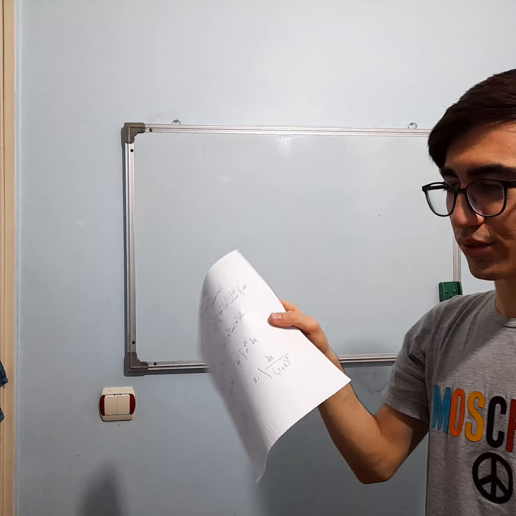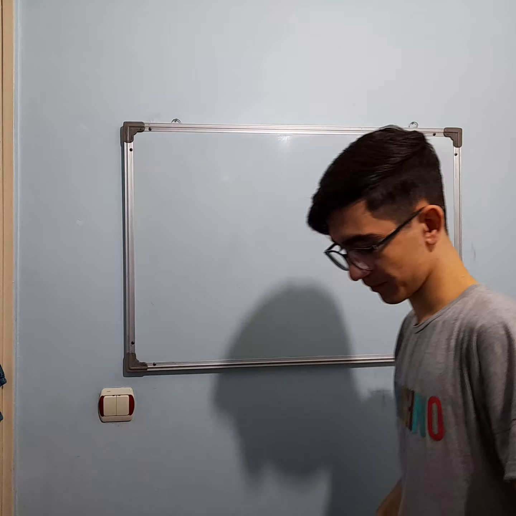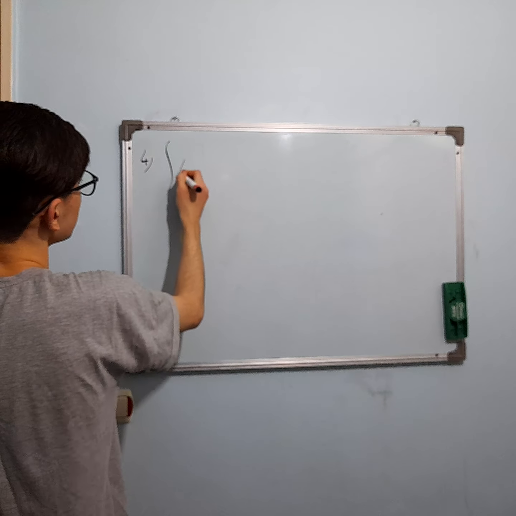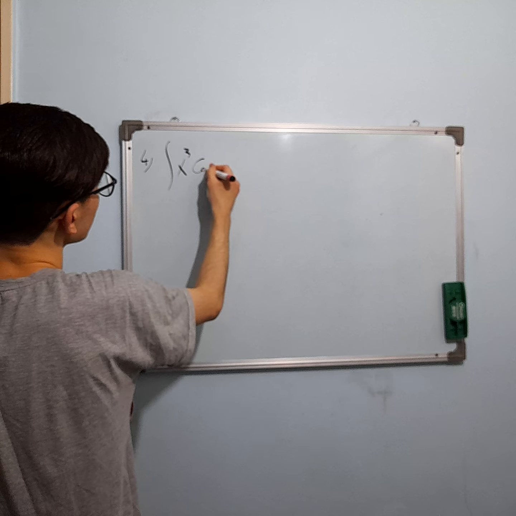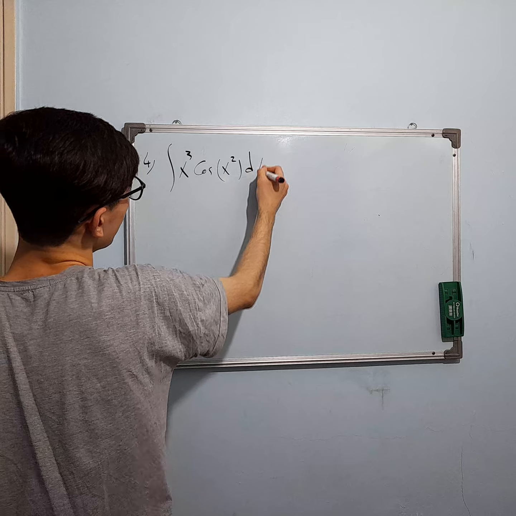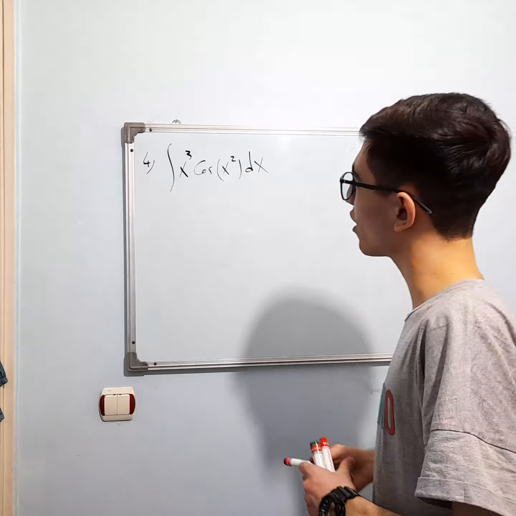I'm just looking at the questions. There are no answers here. The fourth one: integral of x cubed cosine of x squared dx. It's not that hard, you know.